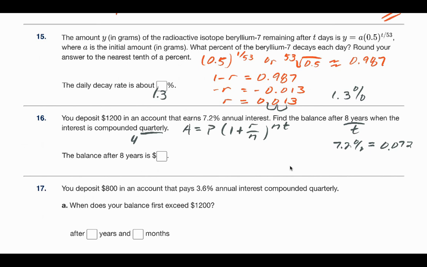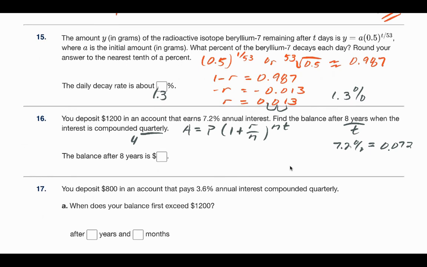That's the easiest way to kind of think about it. So we're going to plug all of that in. The amount that we need is our A. We started with 1,200, and we have 1 plus 0.072 divided by 4, and then our n is still 4 up here, and our t is 8 years.